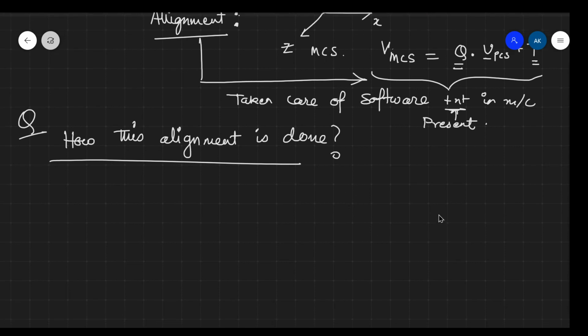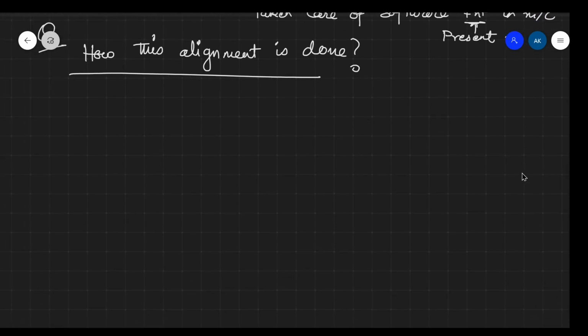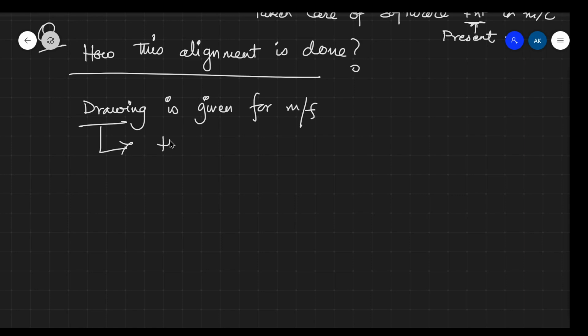So the idea of this alignment is nothing new. It is coming from the idea of two-dimensional drawings only. When you give any product to be manufactured, you give them a drawing. These drawings are on 2D paper only.